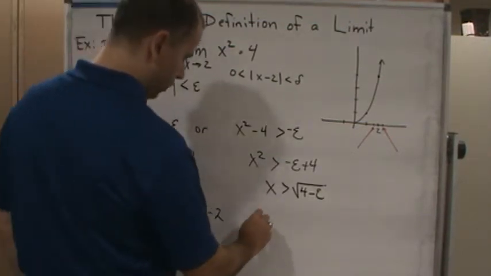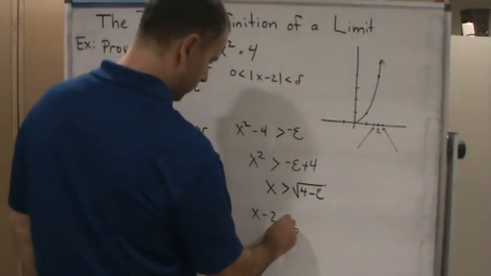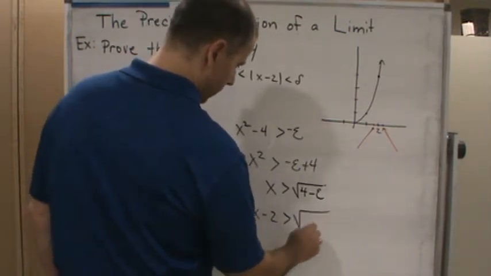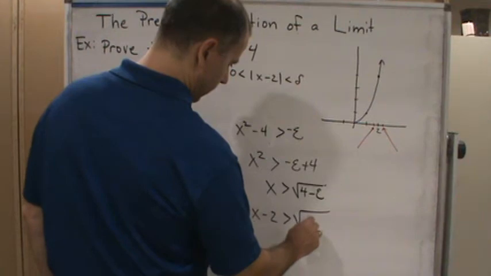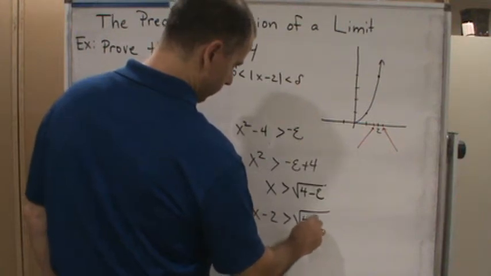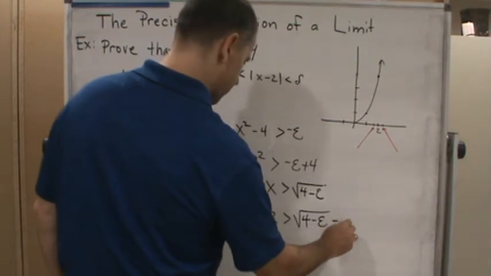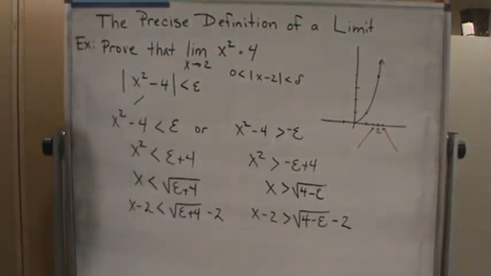And if we subtract 2 over on this side, we get x minus 2 is greater than the square root of 4 minus epsilon minus 2.